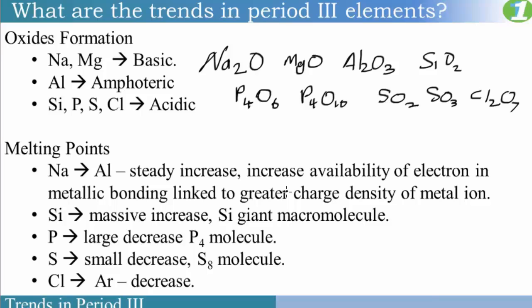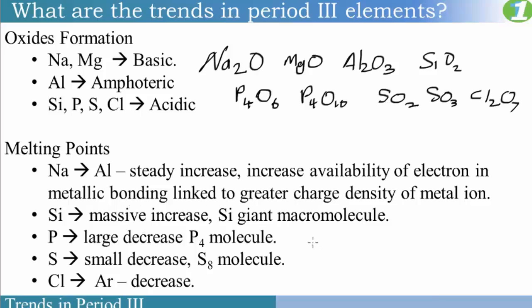Because of what? The type of bonding that takes place determines the type of substance that is formed. In terms of the metals, metallic bonding is responsible for the large melting points. In terms of silica, the large increase in melting point means that it is much stronger than the metals.